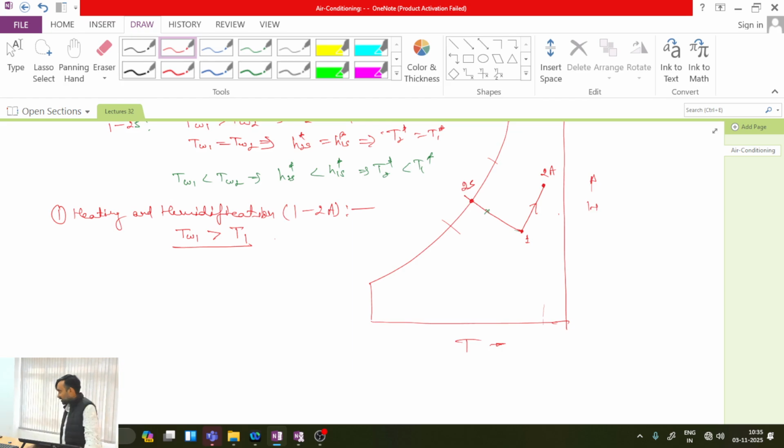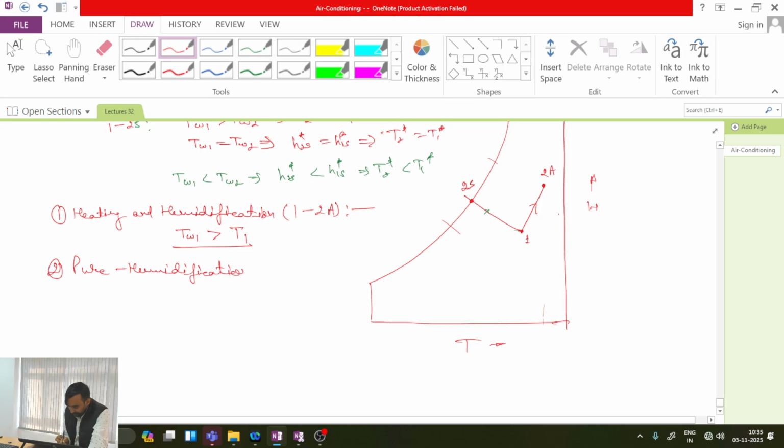Point is clear? Number 2, pure humidification. When will pure humidification happen? Let me see process 1 to 2b, if I move along the constant temperature line. What should be the necessary condition?